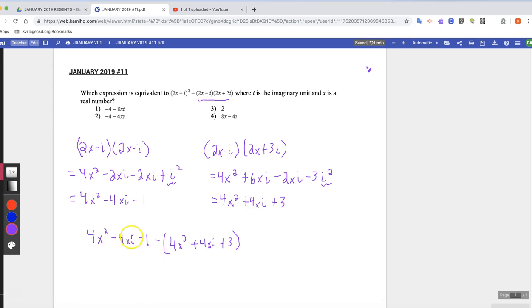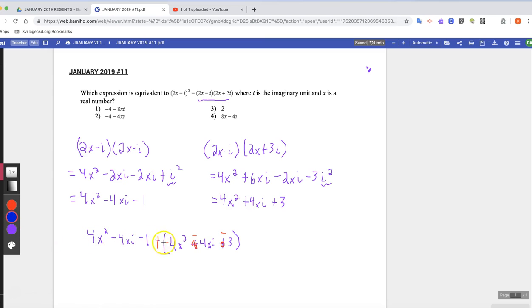So if we keep this whole first trinomial expression and then change the subtraction to addition, we need to change all the signs of the terms inside the parentheses here. So we have now plus negative 4x squared minus 4xi minus 3, and now we can combine all the like terms.